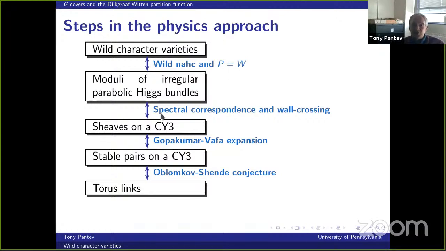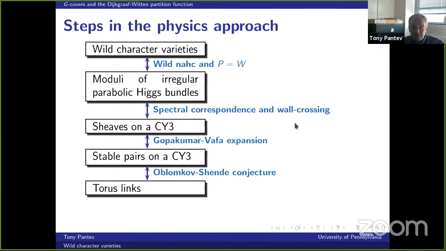The second transition is the spectral correspondence and wall crossing. The third transition is the Gopakumar-Vafa expansion for Donaldson-Thomas invariants. And the last transition is the Oblomkov-Shende conjecture, which, in fact, the part of the Oblomkov-Shende conjecture you need here is being proven already.